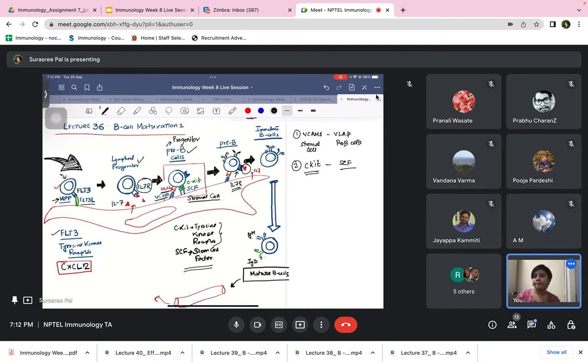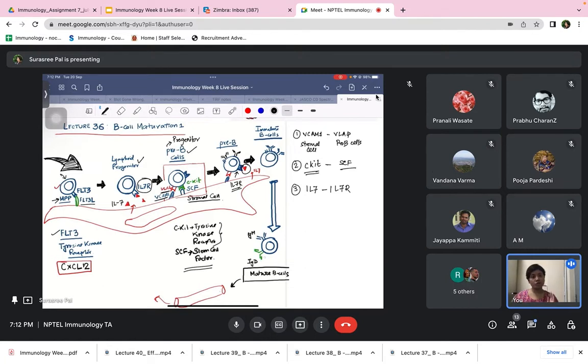Okay, so the expression of VLA4, for example, is going to be down regulated, and because of this down regulation, the cell adhesion is destroyed, or it is affected, right? Because of which these pre-B cells will now be able to move away from the stromal cells, and it will finally mature into the immature B cells, right?